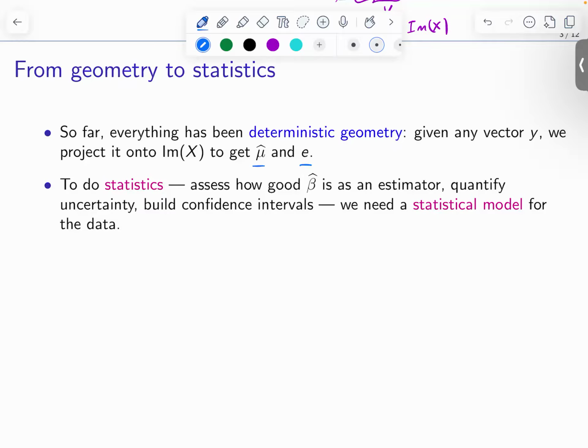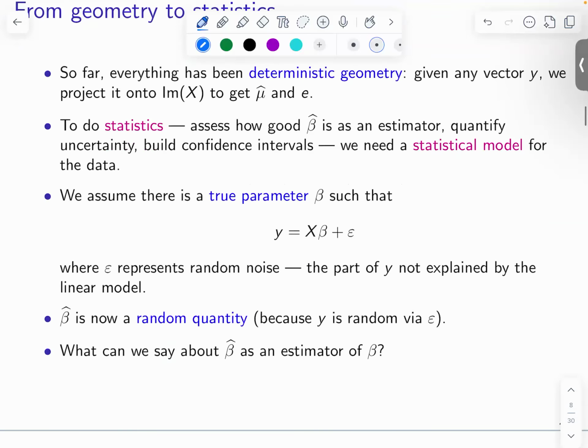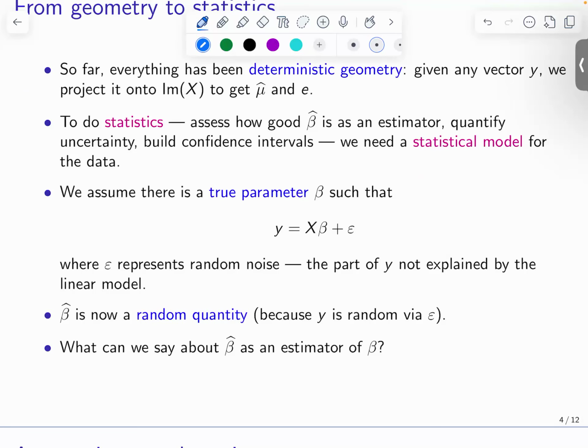To do statistics, we need a statistical model to be able to quantify, for example, how good this beta hat is as an estimate, and how uncertain we are about the coefficients, to build confidence intervals and so on. So we need a statistical model. I'm going to spend a few minutes just making sure that you understand what this means.